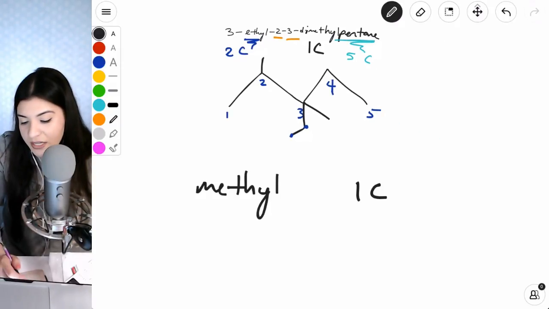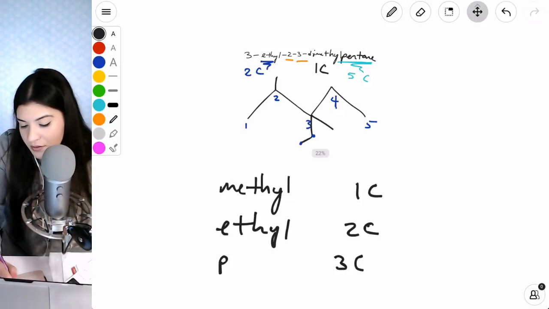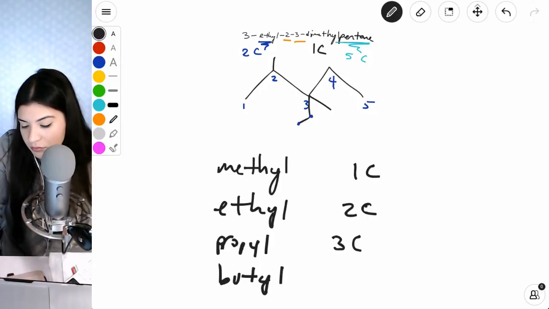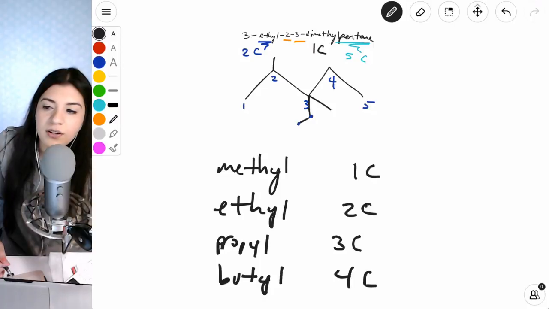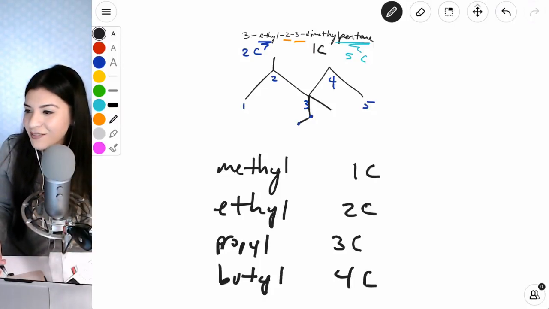Methyl is just 1 carbon. Ethyl is 2. Propyl is 3. And butyl is 4. Those are going to be very, very helpful. Definitely know those. Okay. Let's see.